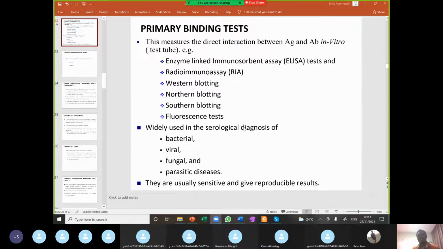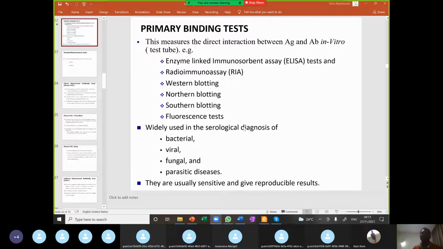Talking of primary tests, these are the different primary tests that we are going to look at today. Enzyme-linked immunosorbent assay, ELISA. We look at radioimmunoassay, Western blotting, Southern blotting, Northern blotting, and fluorescent test. The list may look too long, but I'll focus so much on ELISA and fluorescent test.